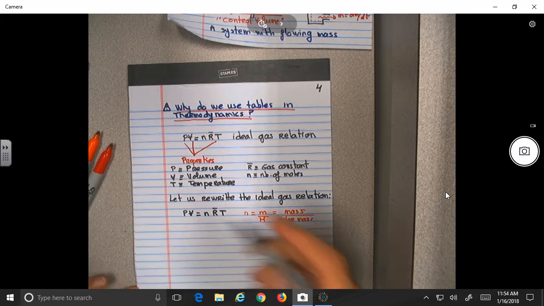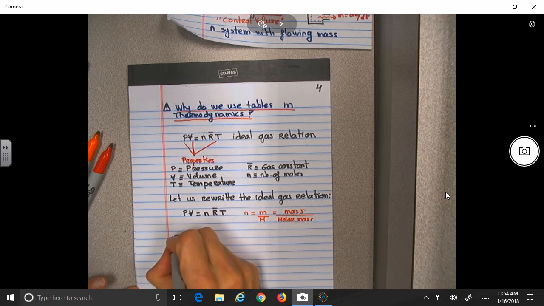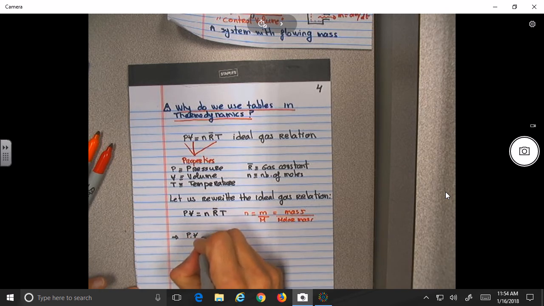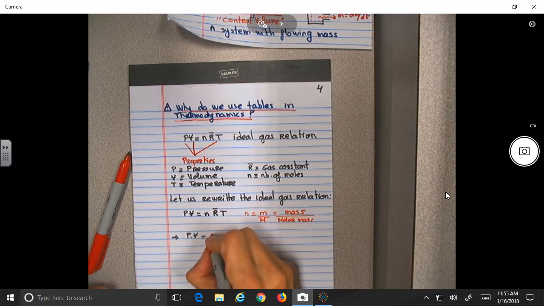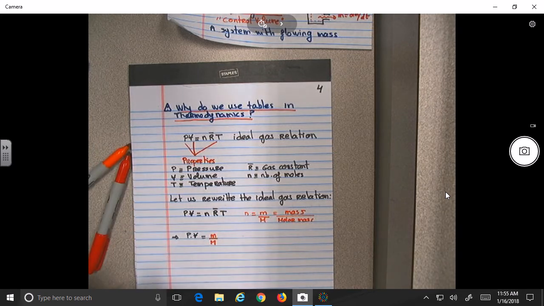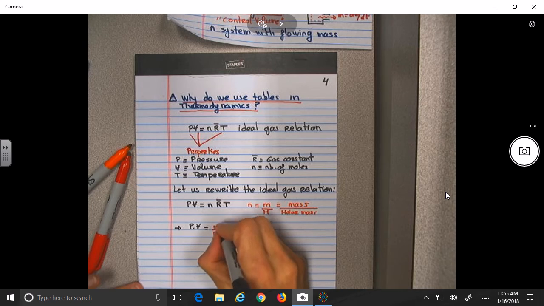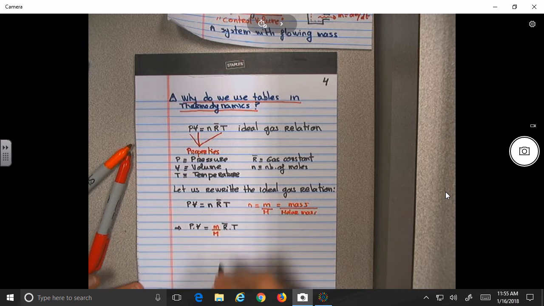So then that relation here becomes what? PV equals mass over molar mass, R bar times T.